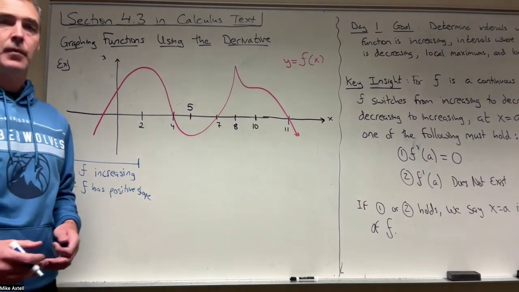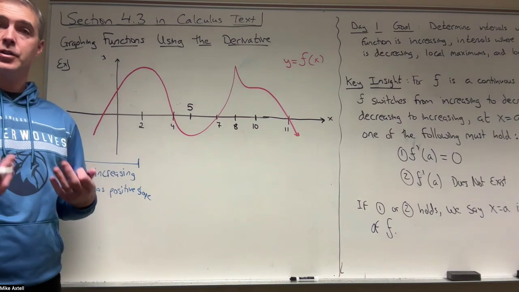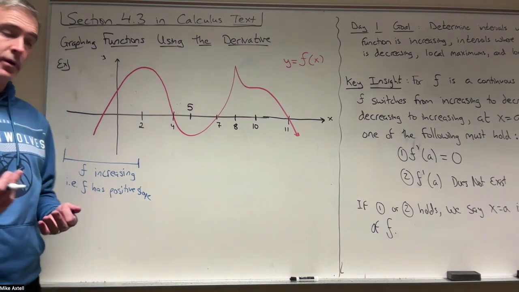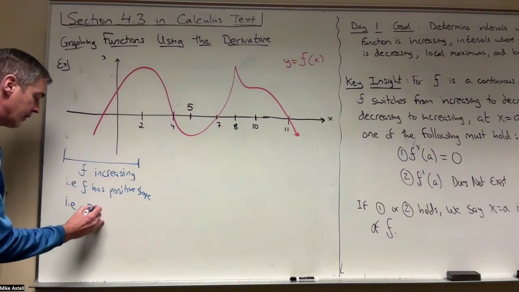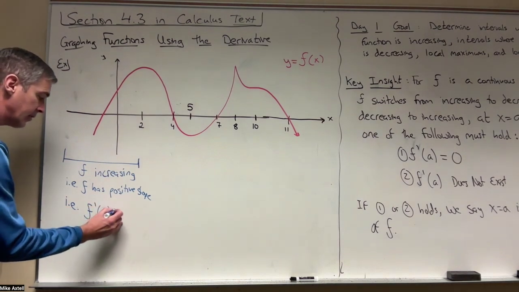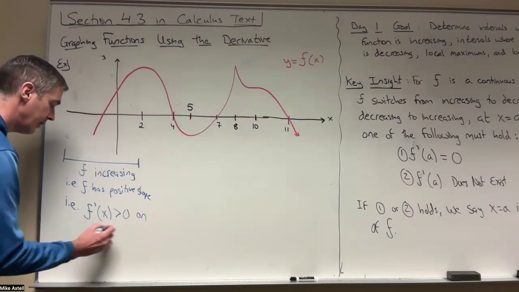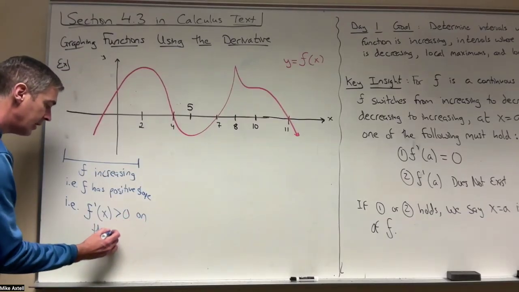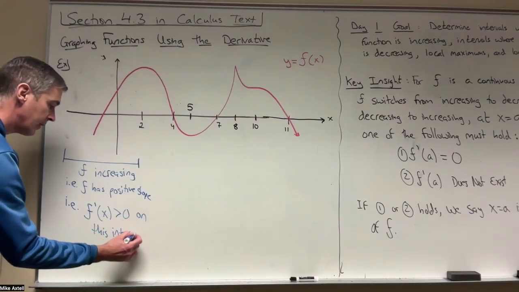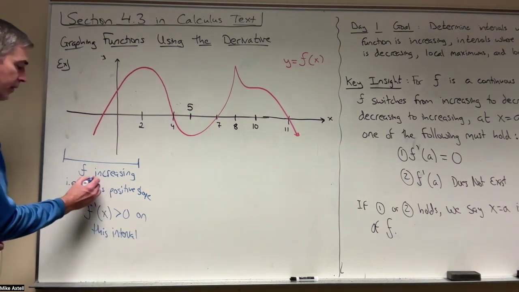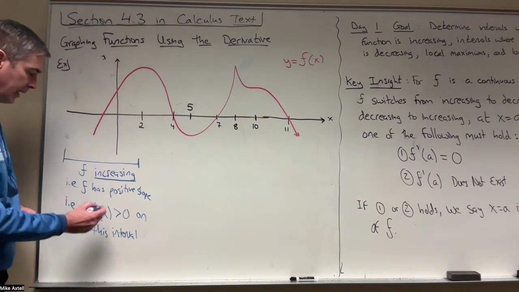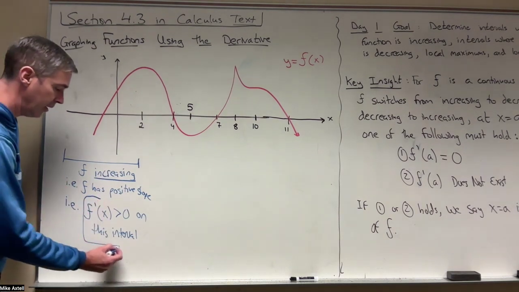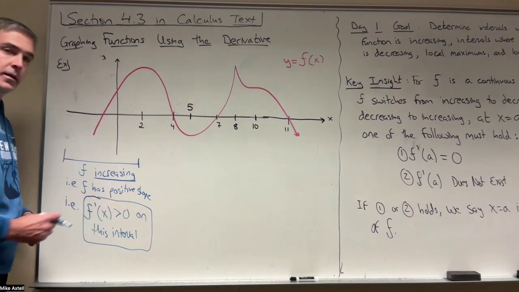Okay? Now, we know how to determine the slope of f, and that's with the derivative. So we could say, i.e., the derivative of f is greater than 0 on this interval. Okay? So the key take home is, if we want to know where f is increasing, I can just try and calculate where the derivative of f is positive.